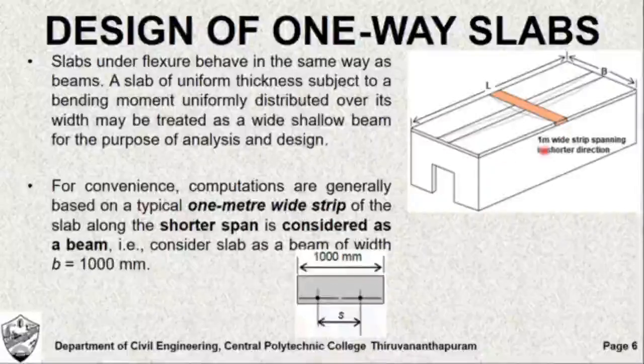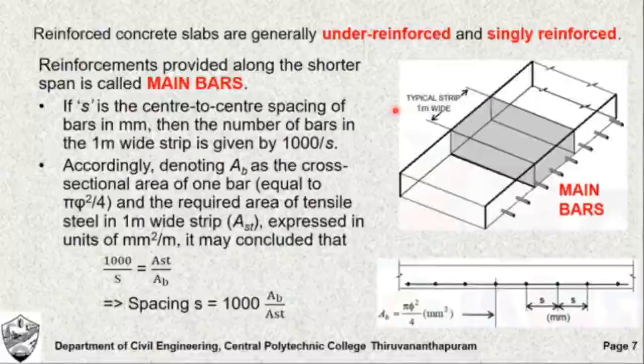So instead of considering this as a large slab, we consider only a small strip of this slab in the form of a beam, and then we resort to the design procedures as we do in case of beams. For this beam, the width is 1000 millimeter, and we just have to follow the remaining procedures for the design of such a beam and extend the design to the remaining portions of the slab also. So let us see how we perform it.